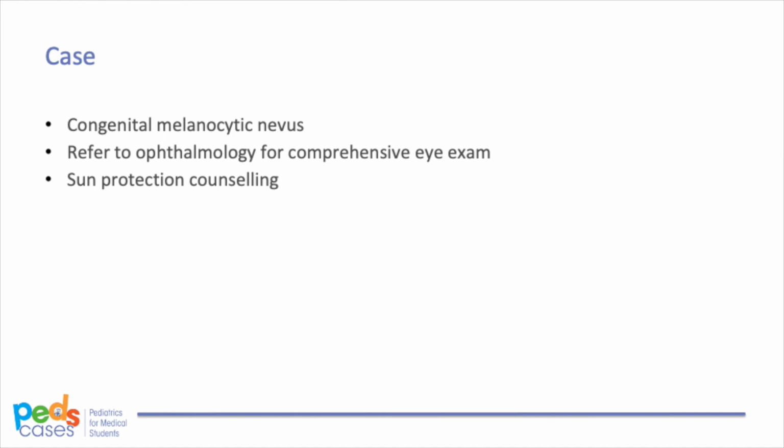There are no lesions on direct ophthalmoscopy. For the skin lesion, it was present at birth and had been gradually increasing in size until about 3 to 4 years ago, with no change in border or shape of the lesion. Otherwise asymptomatic. As you may have already guessed, the skin lesion described is most likely a congenital melanocytic nevus.